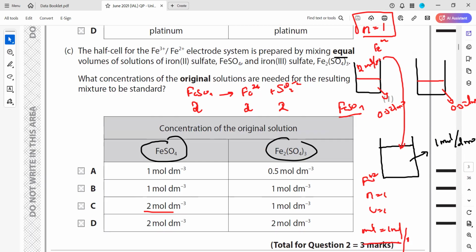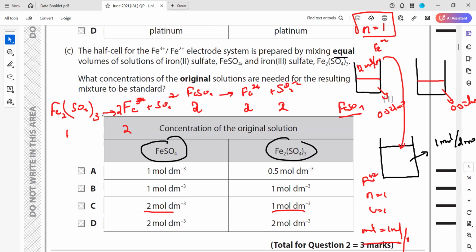But for iron 3, which is forming Fe2(SO4)3, when it dissociates, it will dissociate into iron 3 ion and sulfate ion. So if I take a concentration of iron 3 as 1 mole per dm cube, what is the concentration of iron 3 ions?